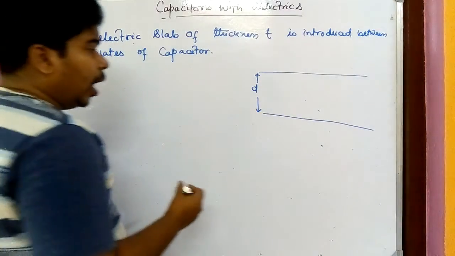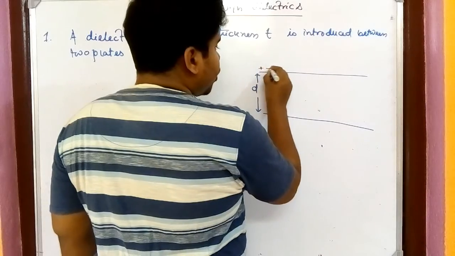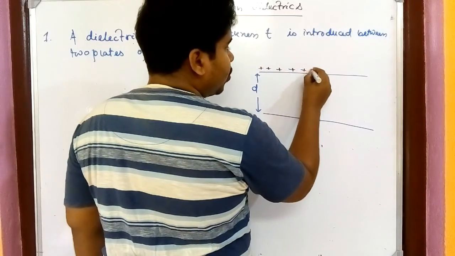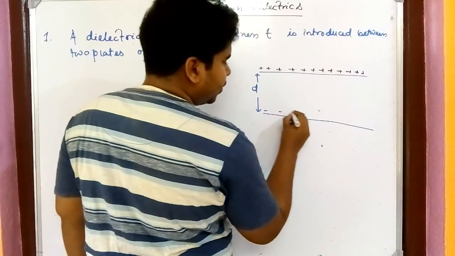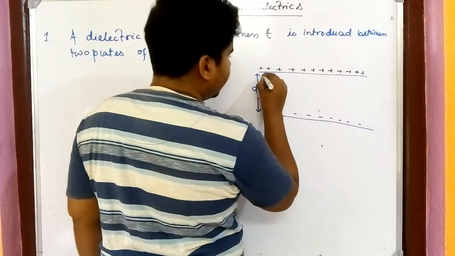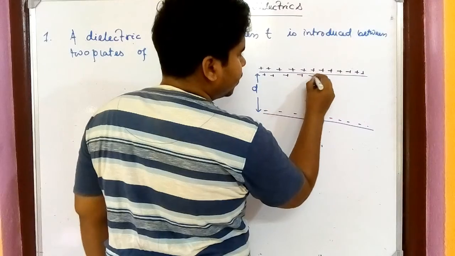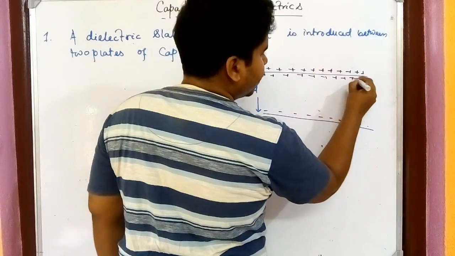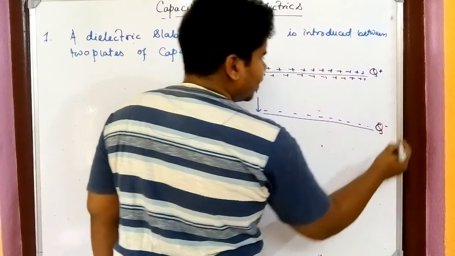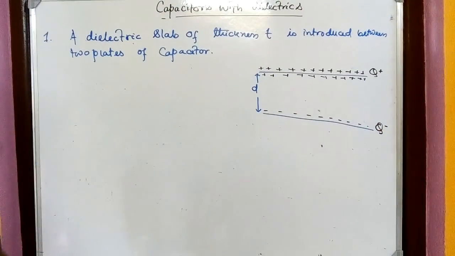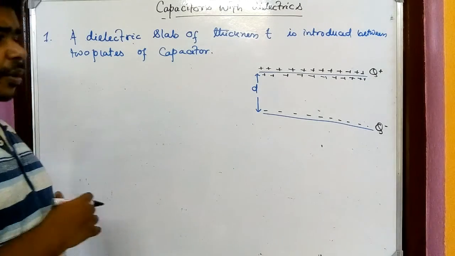Now we know the positive charges will be stored here, and negative here, so it is Q plus and Q minus. We did this earlier in the capacitor concept, so we have drawn it.